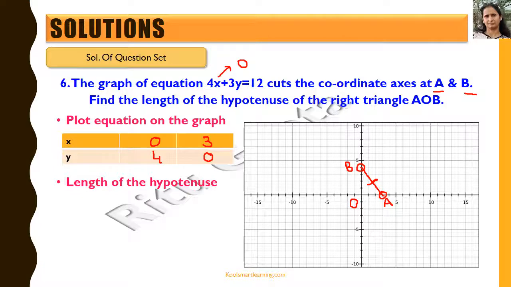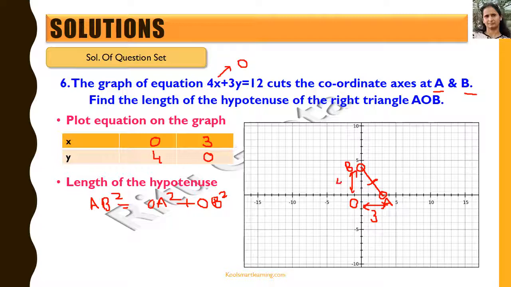So we know by the Pythagoras theorem that AB square is equal to OA square plus OB square. And now it is very clear from this graph that OA is 3, and we know OB is 4.